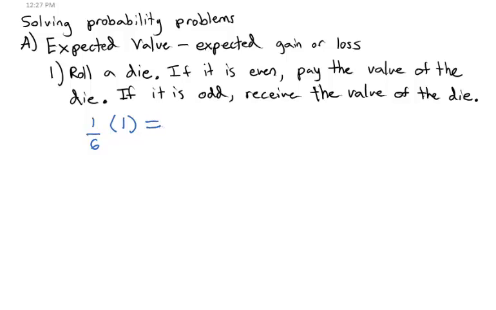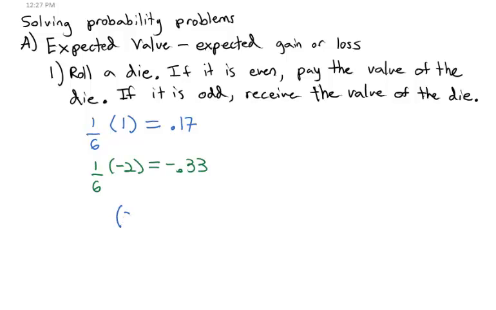Which means, on average, you're going to be earning about 17 cents per game out of 1s. That's 1/6 times 1. Of course, if you roll a 2, you lose it, and that happens 1/6 of the time also. You lose 2, and I'll show the loss with a -2. 1/6 times -2, on average, you're losing 33 cents per game on 2s.